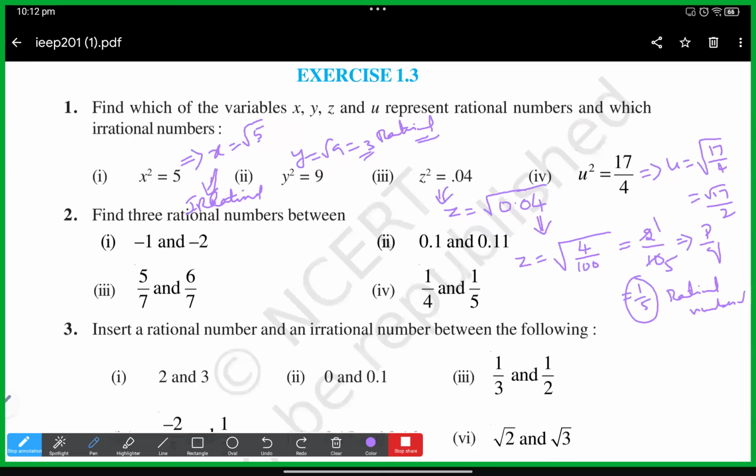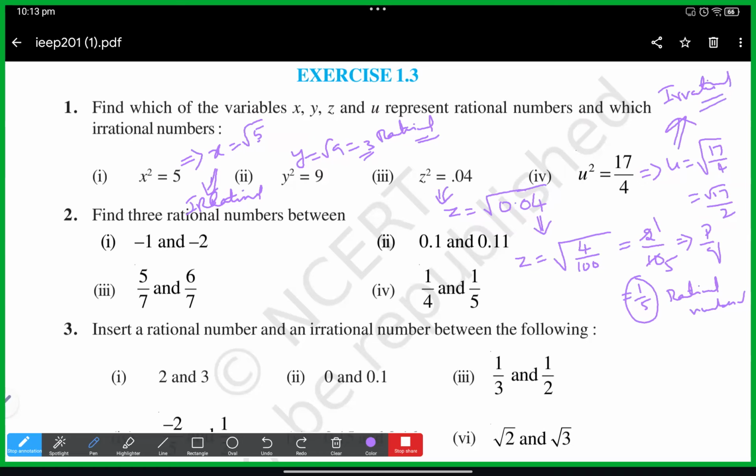In p by q form, both p and q should be integers, but root 17 is not an integer. If we try to simplify it also, we will not get p and q as integers. So that's why it's irrational. Root 17 is irrational, so any irrational number divided by a rational number is irrational.